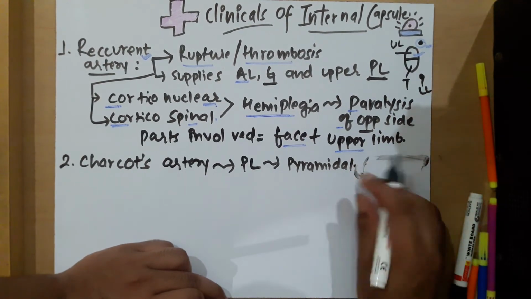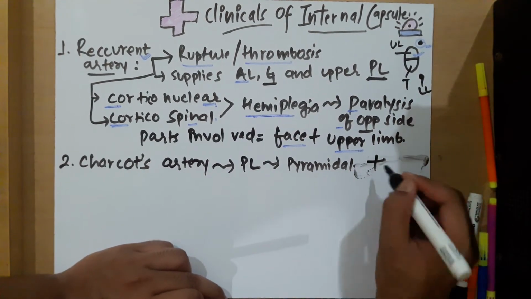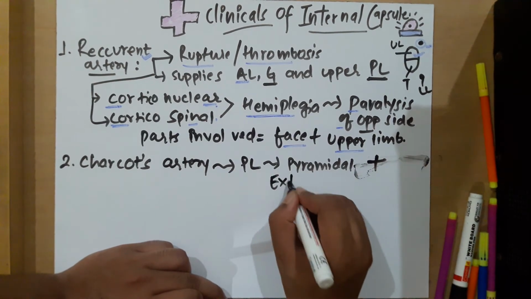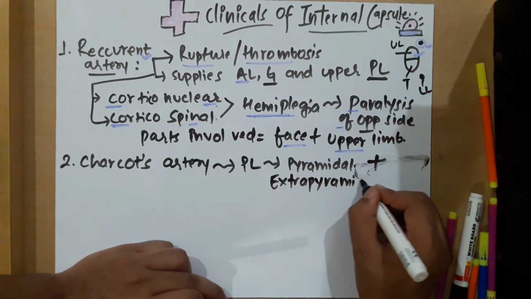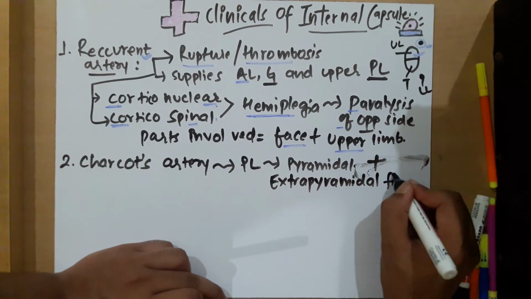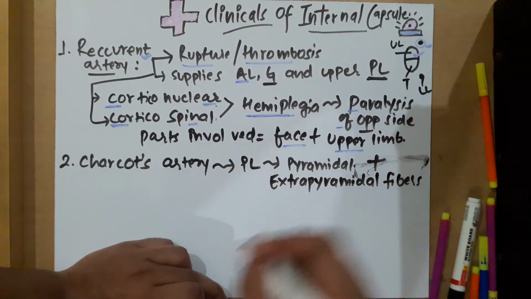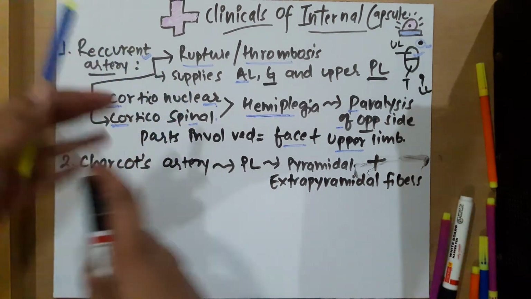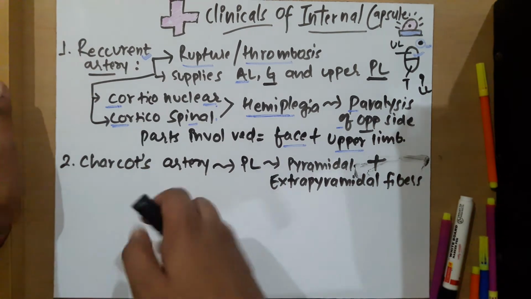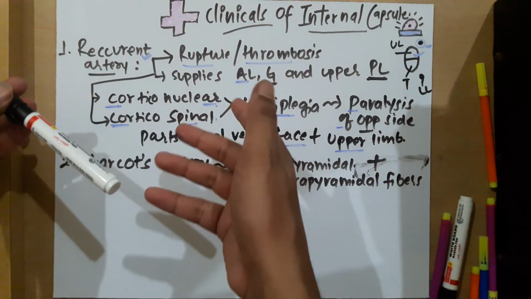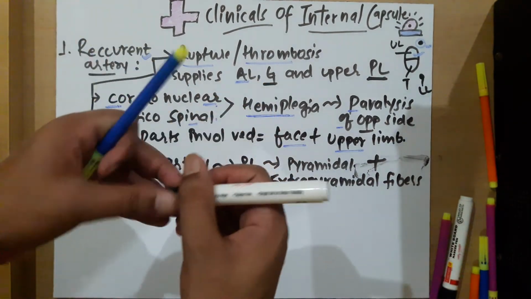Plus means and, okay, it will damage the pyramidal and extrapyramidal fibers. So the important pyramidal fibers include, again, corticonuclear and corticospinal, yes or no?